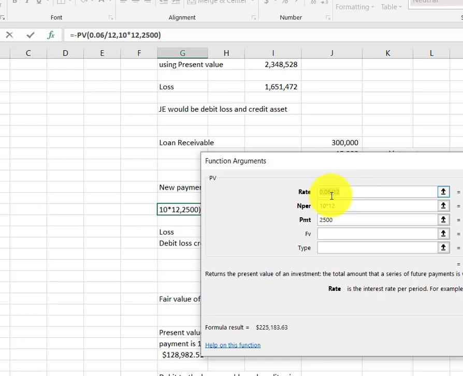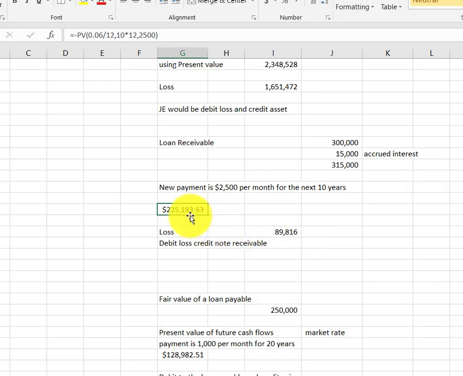That was the loan amount on the original loan. Always use that when we're calculating the present value of the future cash flows for an impaired loan for 120 periods or 10 years. Payment is $2,500. That gets us $225,184.